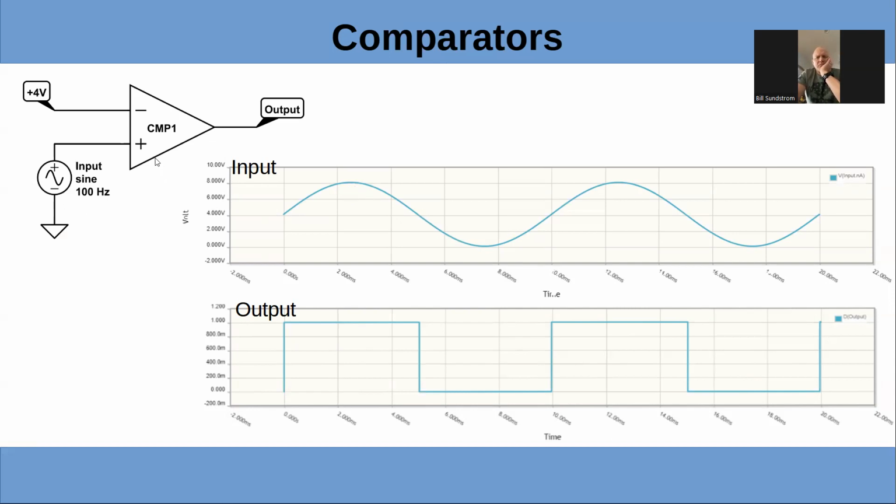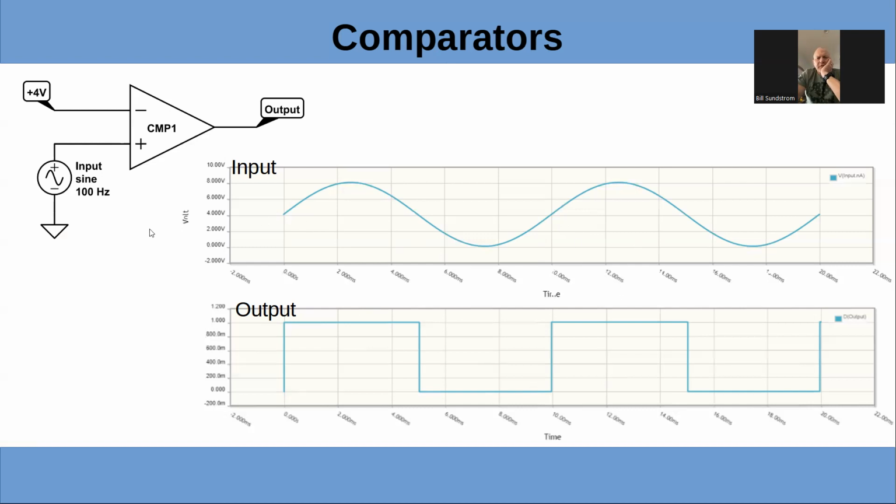Whenever that sine wave gets above 4 volts, which is where we're starting, the output of this comparator is going to be true or high, probably 5 volts, depends on the comparator. And it will stay in that state until the input signal goes below the reference voltage. So you can see in this sine wave coming in, we're basically generating a square wave. As soon as it drops below 4 volts, the output will drop to 0.